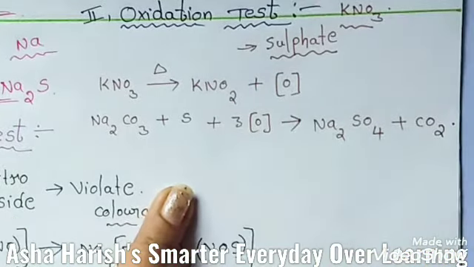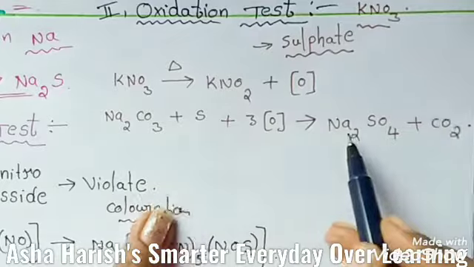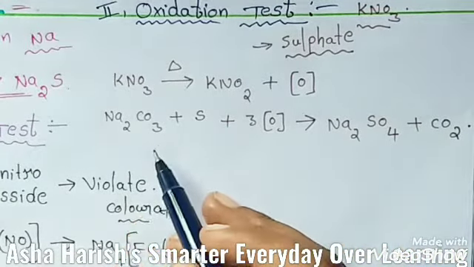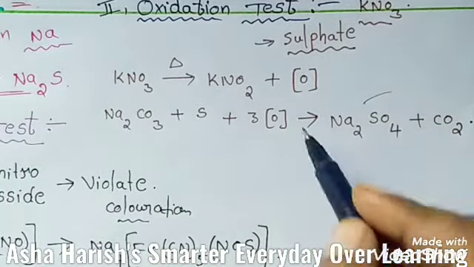So this is the balanced equation here, right? 2 Na, 2 Na, 1 carbon, and the oxygens are balanced.